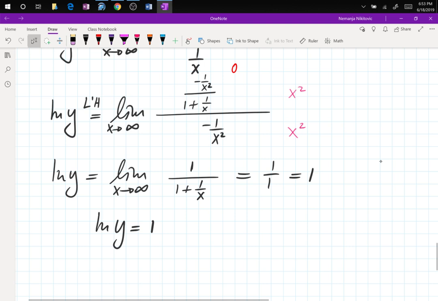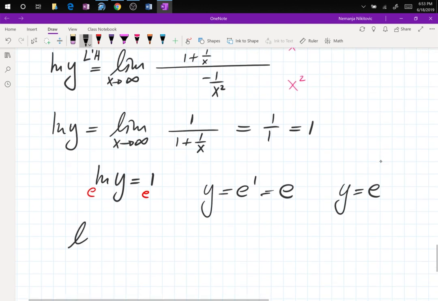Use e on both sides. Good. ln and e would cancel. So y equals e to the 1, which is e. Therefore, the limit as x goes to infinity of 1 plus 1 over x to the x is equal to e.